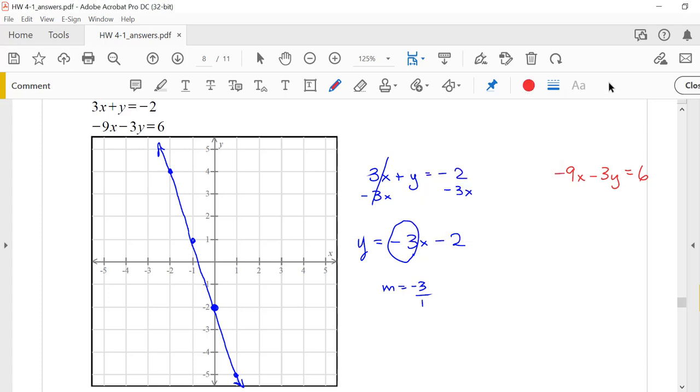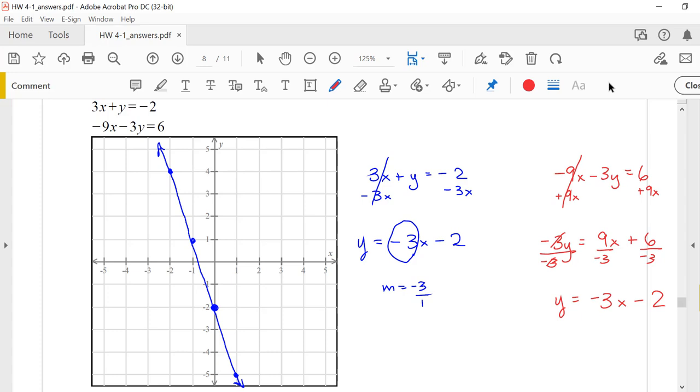For my red line, negative 9x minus 3y equals 6. I need to add 9x to both sides first. I get negative 3y equals 9x plus 6. Now I need to divide everything by negative 3. I get y equals 9 over negative 3 is negative 3x, 6 over negative 3 is negative 2.